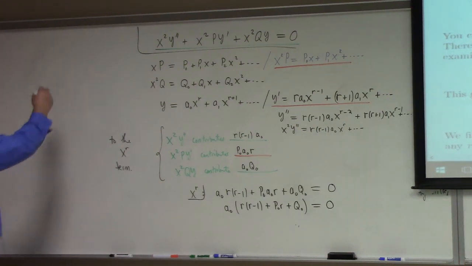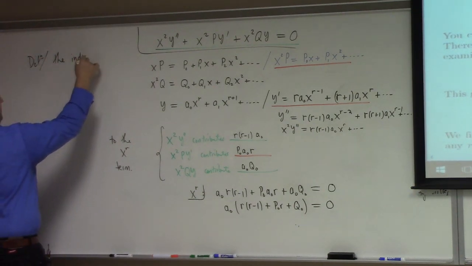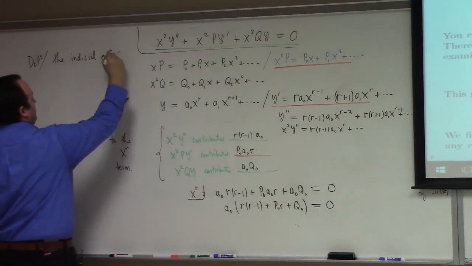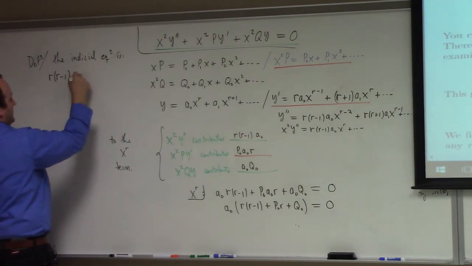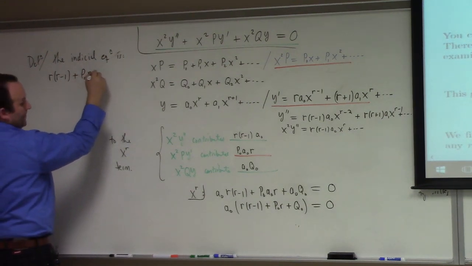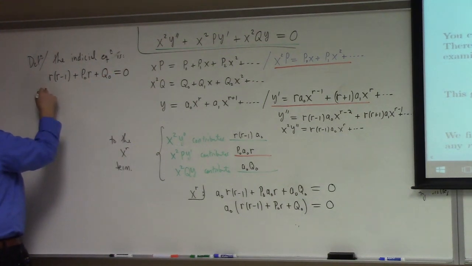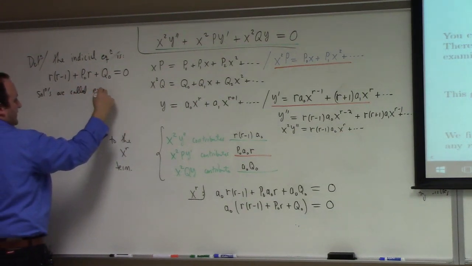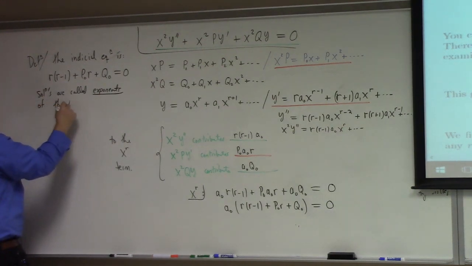And it turns out, by definition, the indicial equation is r times r minus 1 plus p naught r plus q naught equals 0. Solutions are called exponents, I think, if I remember right, of the Frobenius solution.